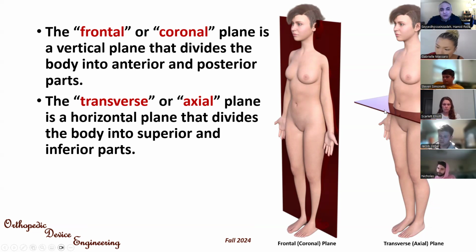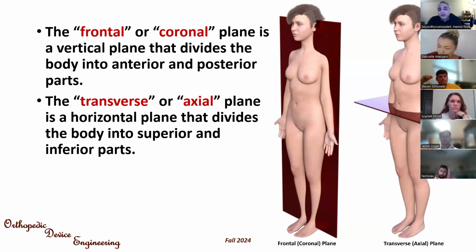The transverse plane or axial plane is a horizontal plane that divides the body into superior and inferior parts. Again, for frontal and transverse, like parasagittal planes, we have unlimited number of planes. These planes can pass through any point in our body. So it can pass through the head, through the ear, through the neck, any place you want, and you can define the anatomy along this plane.